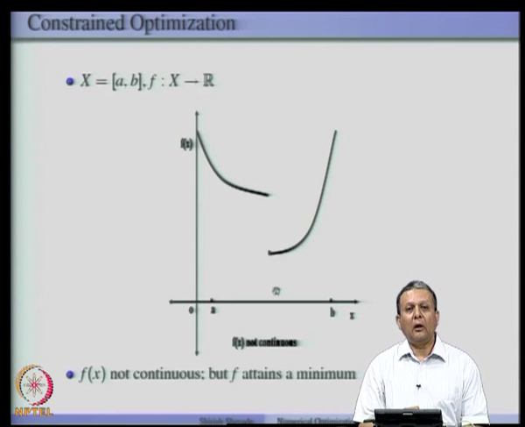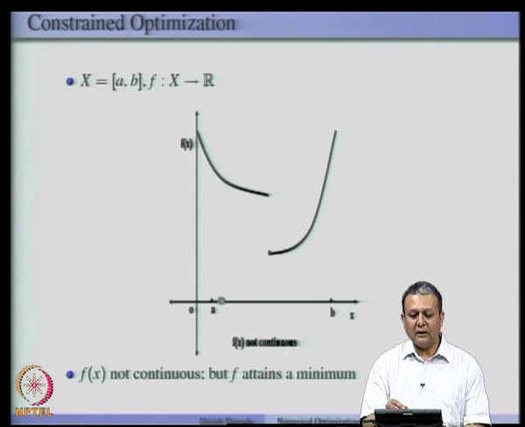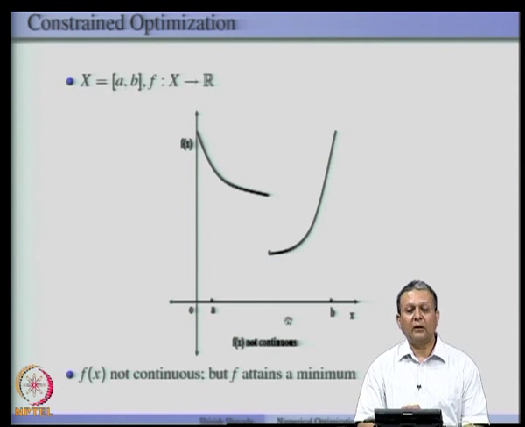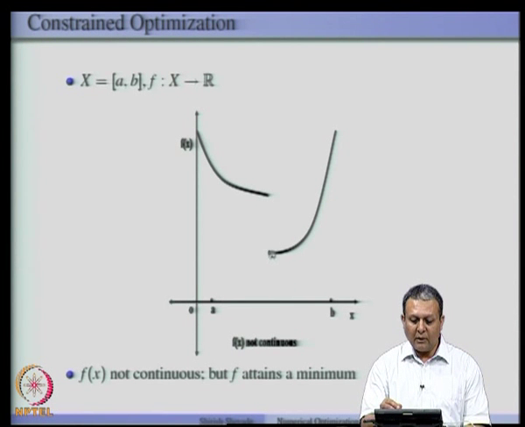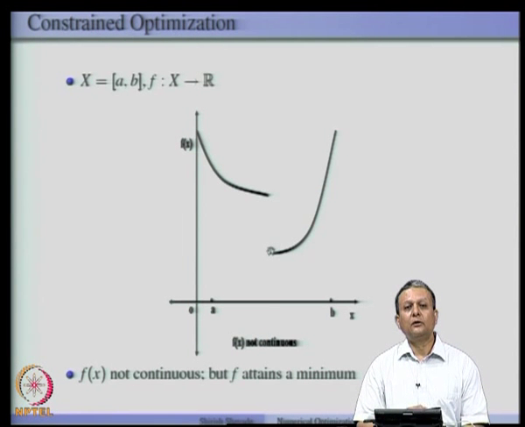Now, although f is not continuous, you will see that the function does attain a minimum at this point, and the minimum value of this function is somewhere here. So, although f(x) is not continuous, f does attain a minimum in the closed interval a b for this case.